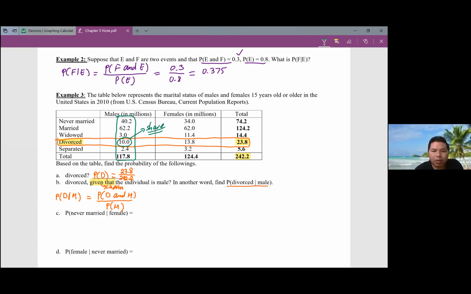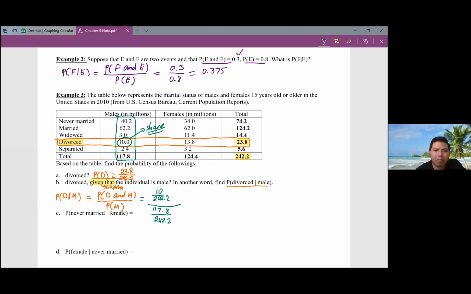All right, so I have here 10 over 242.2 divided by male, which will be 117.8 out of 242.2. So we go with the formula. You look at what they share with each other.